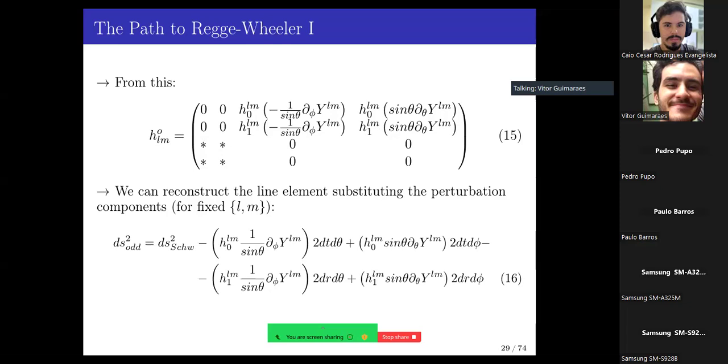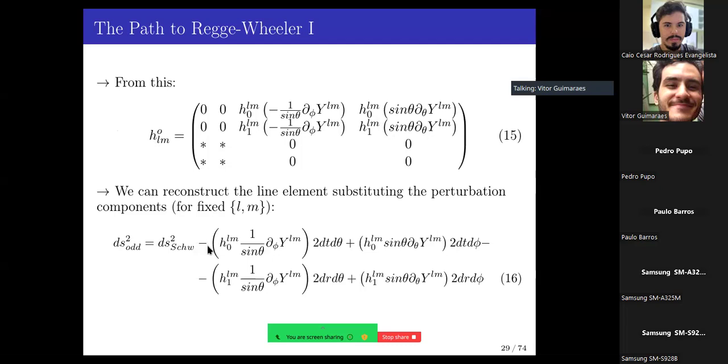This is mechanically and mathematically similar to what we did with the polarizations. I'm not saying that these are different polarizations necessarily, but mathematically they are two different things.